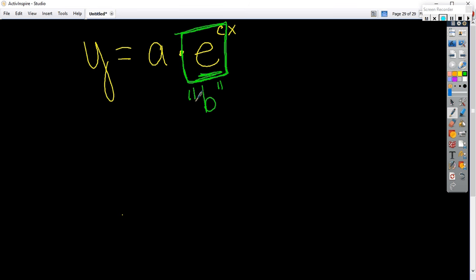And I show it to you this way because if you just have y equals e to the x, my first question is, is that an exponential function? Do you have a base with the variable as the exponent? What is a? 1.